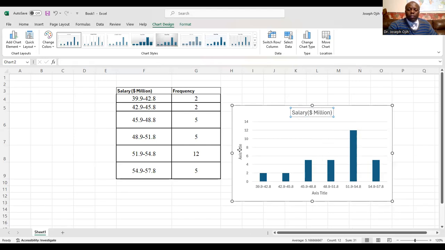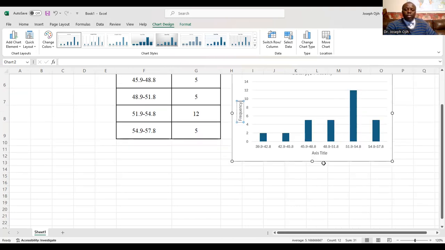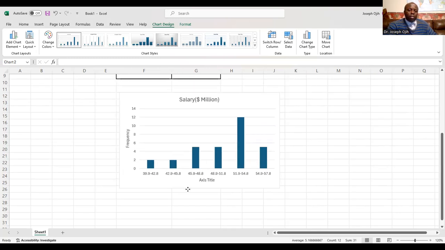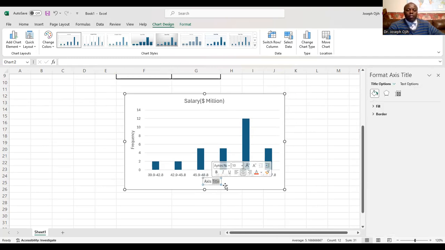Then you see this is the frequency, so I'm going to type the frequency here. Okay, I'll close this. I can move this down so that you can see it better. Now, this is the salary.